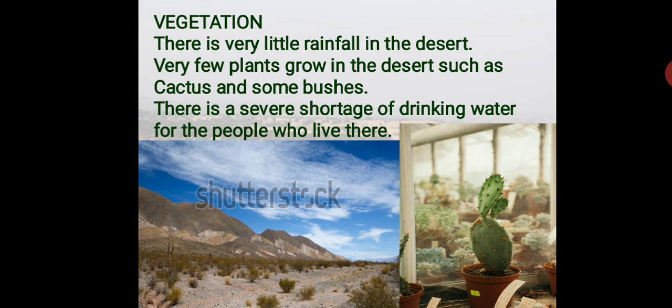The left picture is showing you the bushes of the desert region and the right image is showing you the available cactus categories we get over the Thar desert region.